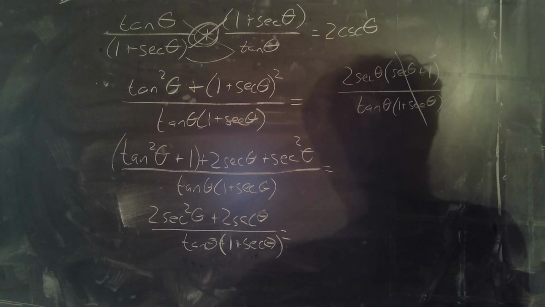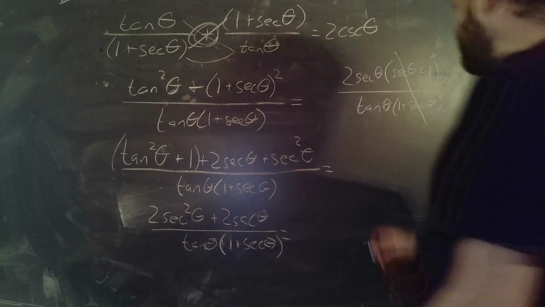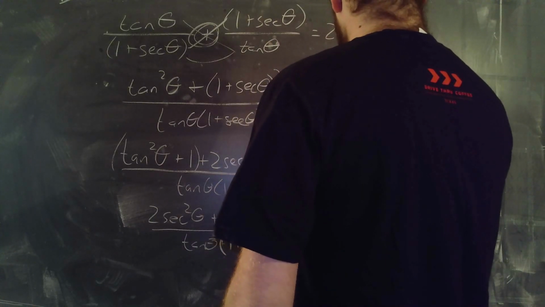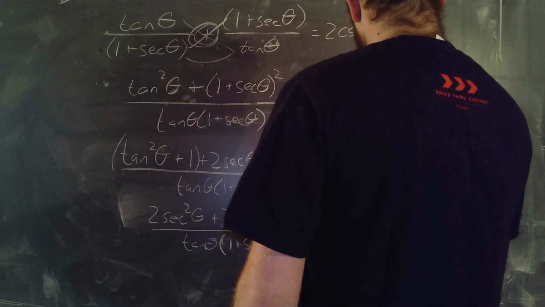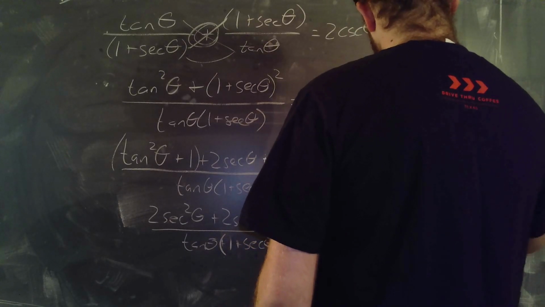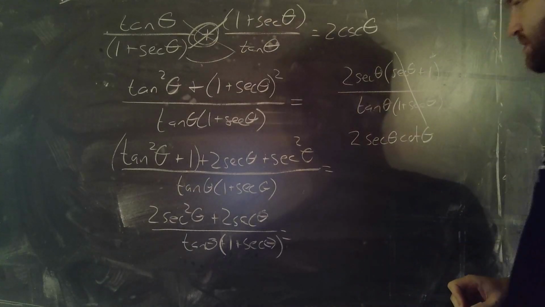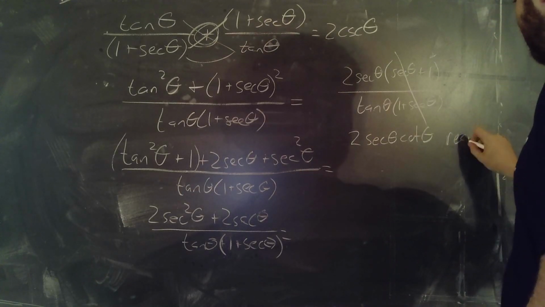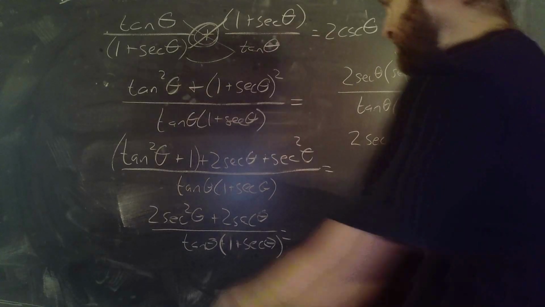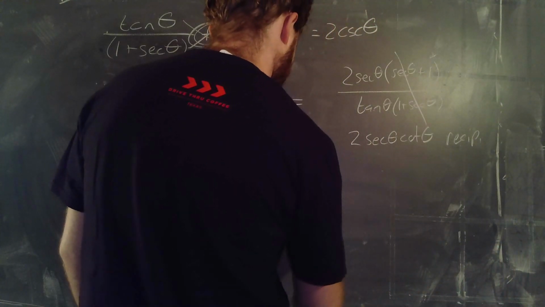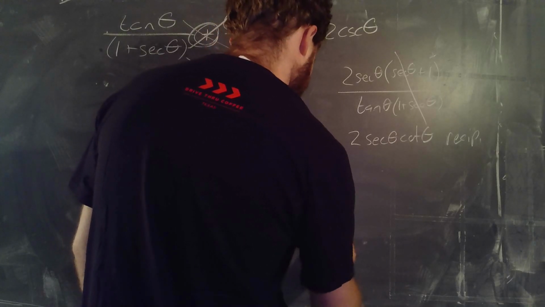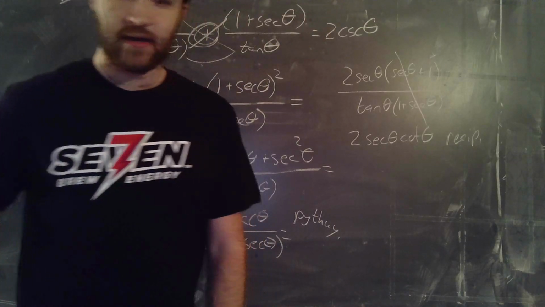Next, look, we have the secant over tangent here. So I could write that if I wanted to as 2 secant theta times cotangent of theta because of the reciprocal identities. And I should have noted here when I did this that I used a Pythagorean identity. I'm violating my own rules there. Okay.